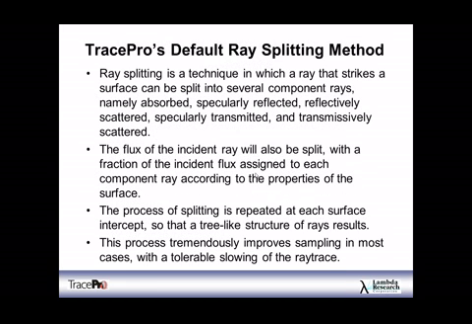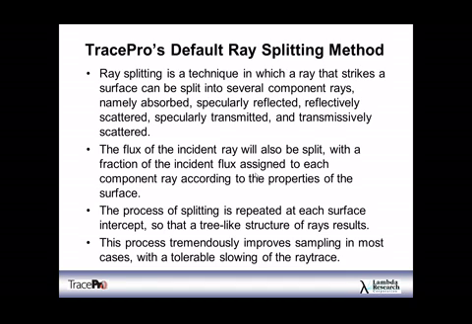TracePro's default ray splitting method is a technique in which a ray strikes a surface and it is split into several component rays. There are rays that are created for absorbed, specularly reflected, reflectively scattered, specularly transmitted, and transmissively scattered. And this all can happen at any surface at any time when a ray intersects that surface.